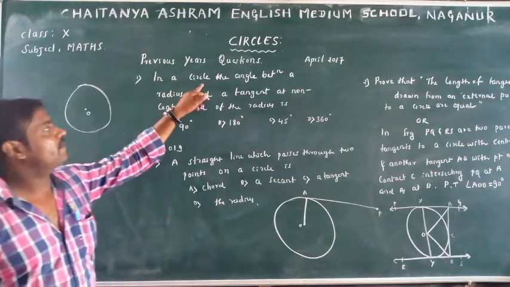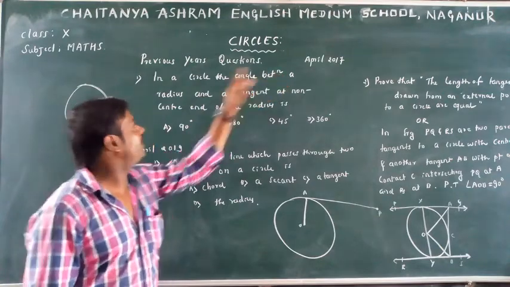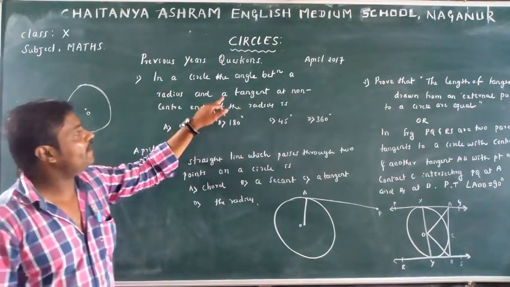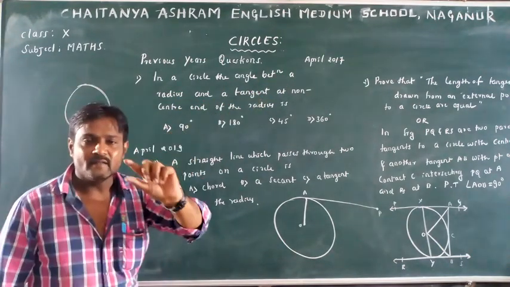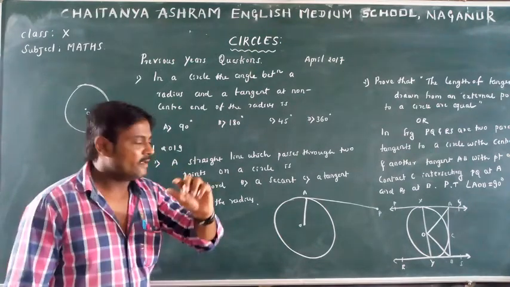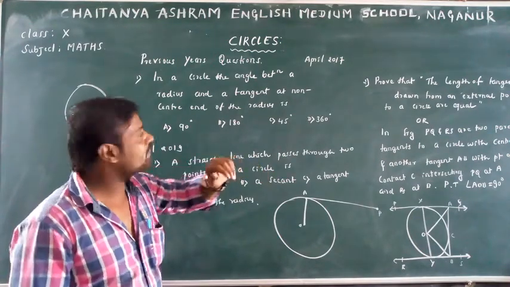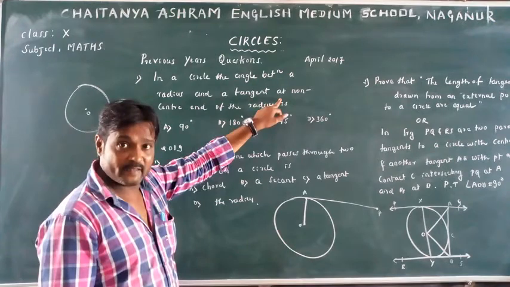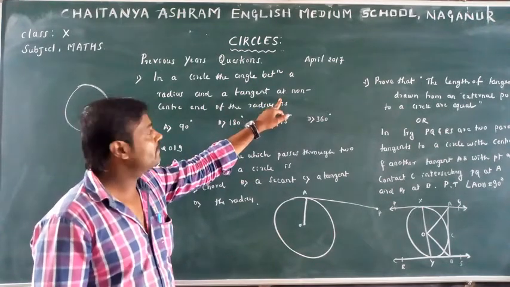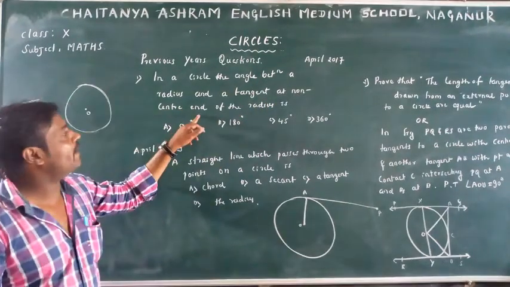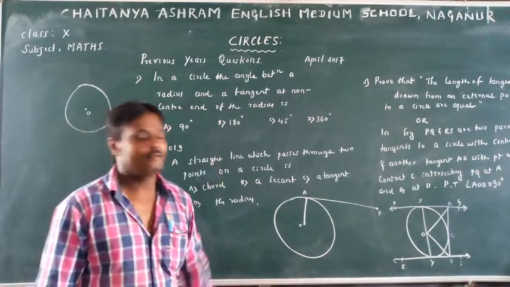They asked the angle between a radius and a tangent, that tangent should be at non-center end of the radius.